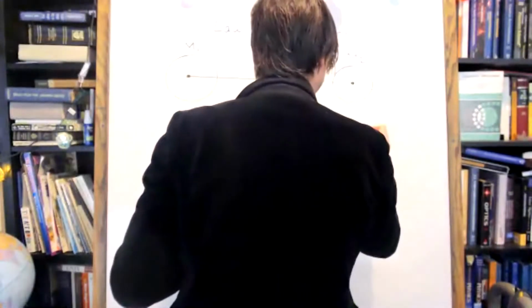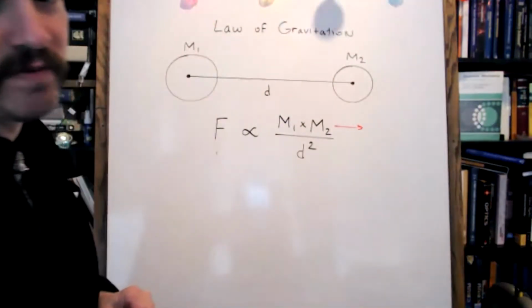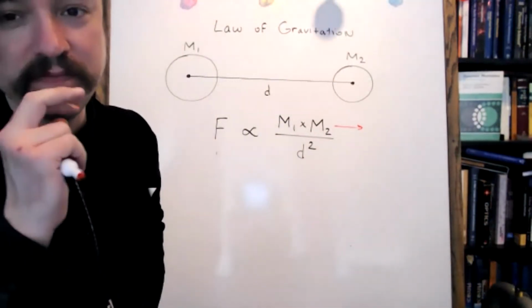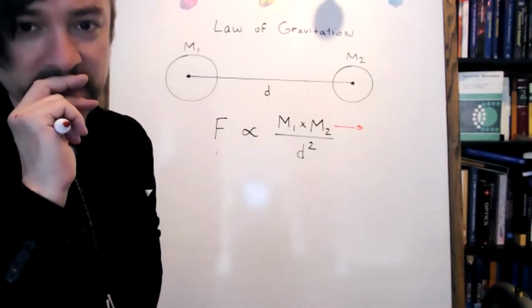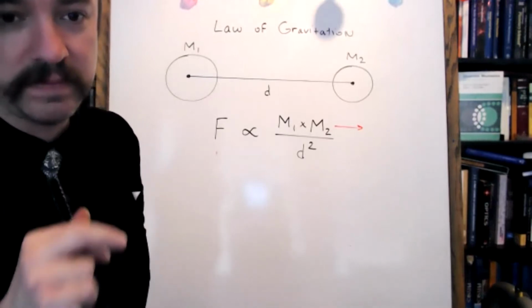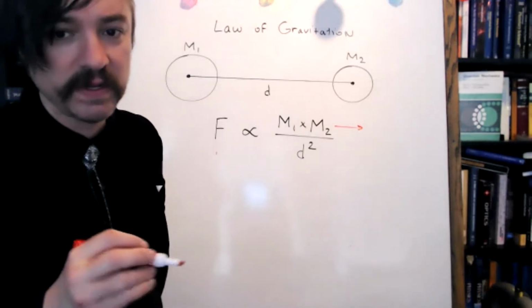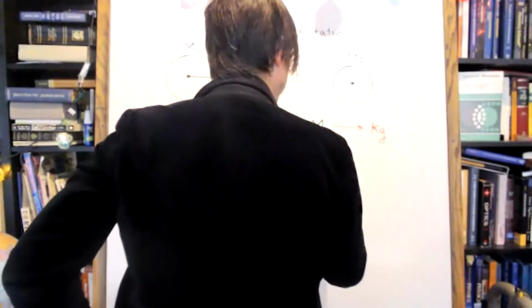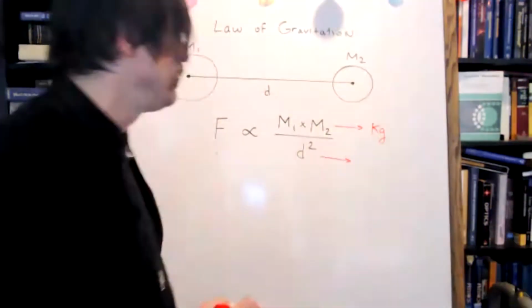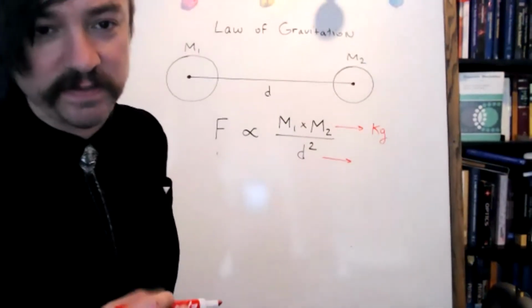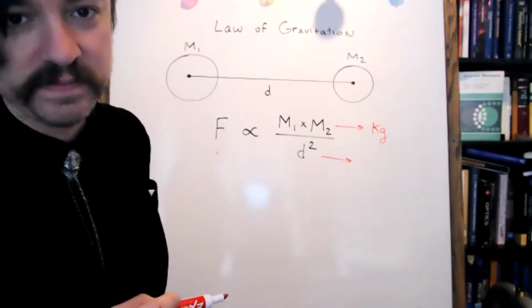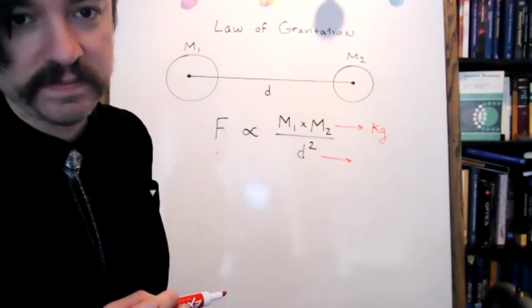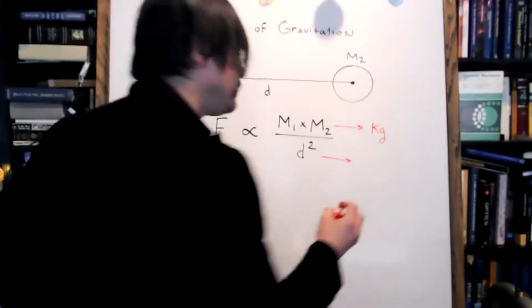In the MKS system, what units do we use to measure mass? Kilograms? That's right. In the MKS system of units, which I described last time, what units do we measure distance in? Meters. Excellent.